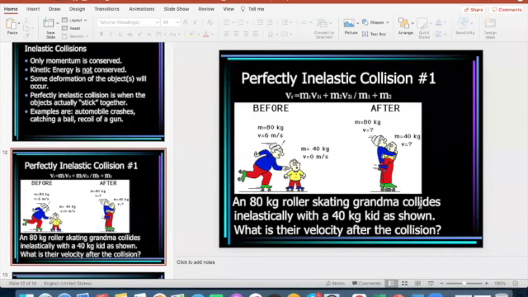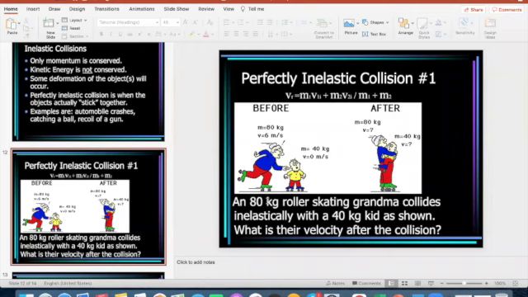All right, so this is an example of a perfectly inelastic collision. So we have a grandparent kind of skating a little bit faster than a grandchild. So she just kind of picks them up, scoops them up, and they skate off together. Let me start from the beginning. Her mass is 80 kilograms.